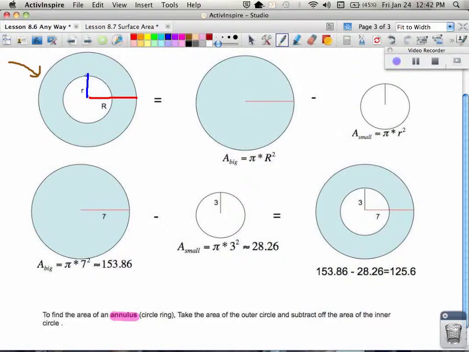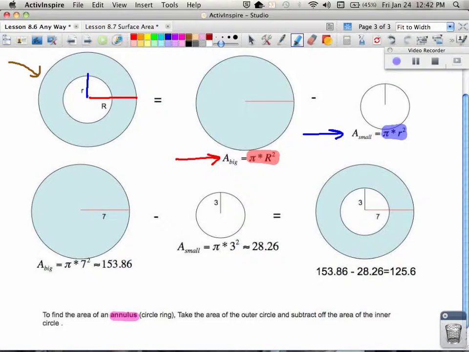So here, in the middle picture, you see the area of the big circle is pi times big R squared. You see the area of the small circle is pi times little r squared. And when you get these resultant answers, that is, when you get the area of your big circle in highlighted red, you subtract off the area of your small circle highlighted in blue, and you're done.